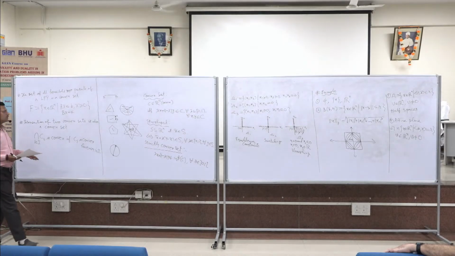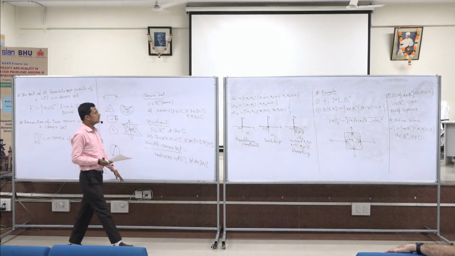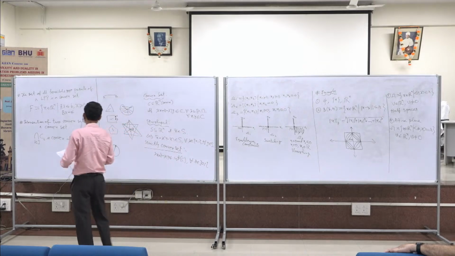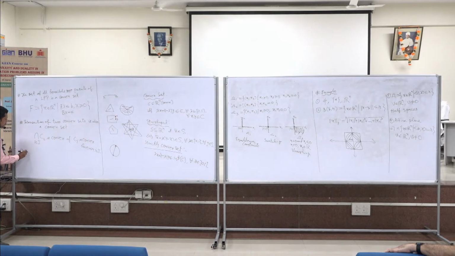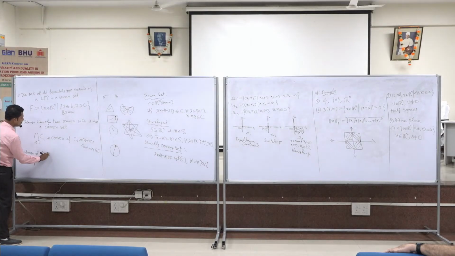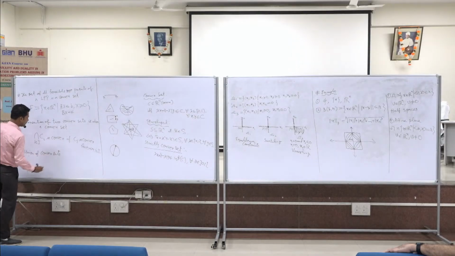But what about the union of convex sets? Suppose we have two sets, omega 1 and omega 2, and their union.